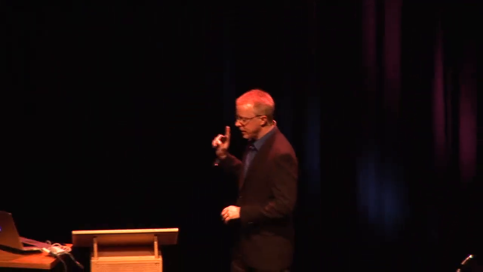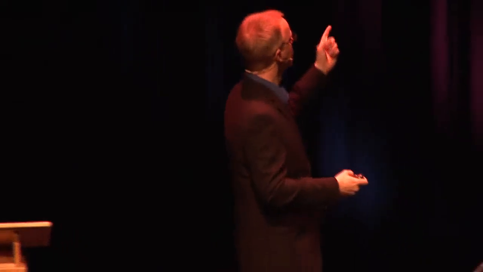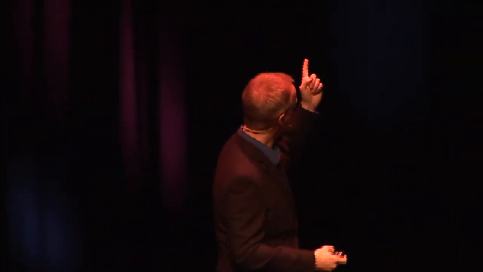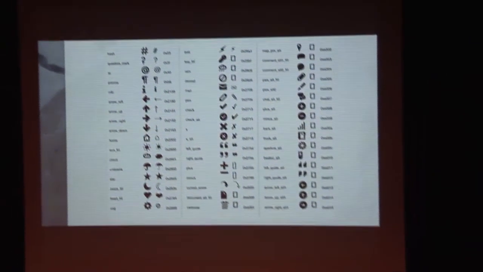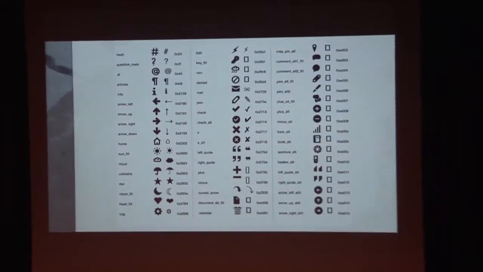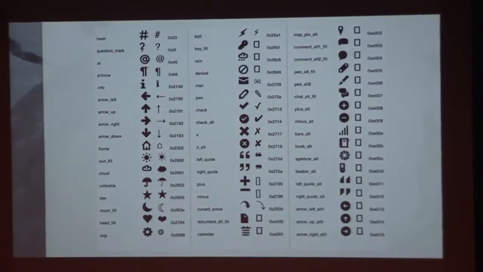Even smarter is that where Iconic has symbols that don't actually have Unicode code points, and I guess there are two or three symbols left for that, like document alt fill there at the bottom of the middle column, and calendar, and the entire right column. Those are all in the E000 range, which is the official Unicode range for, here's where you put your symbols that don't have Unicode code points, right?